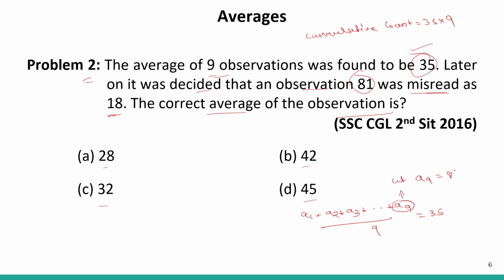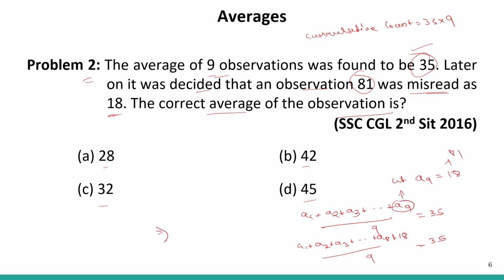It was read as 18, but it was actually 81. So let's add 18 here. A1 plus A2 plus A3 plus dot dot dot A8 plus 18, the whole by 9, is equal to 35, as given.